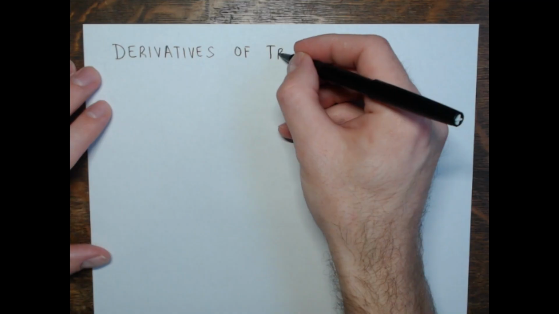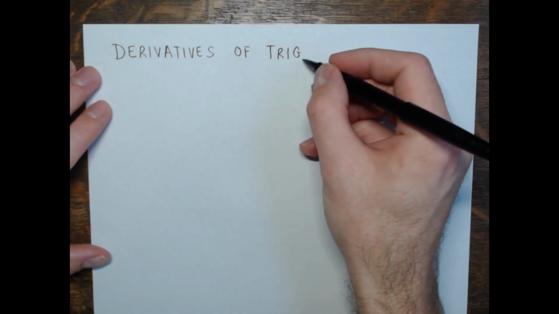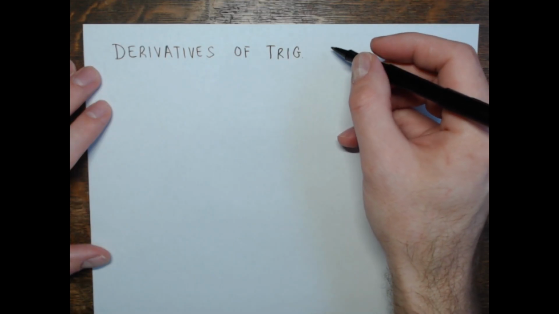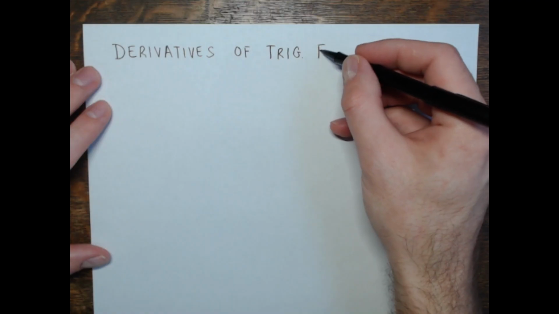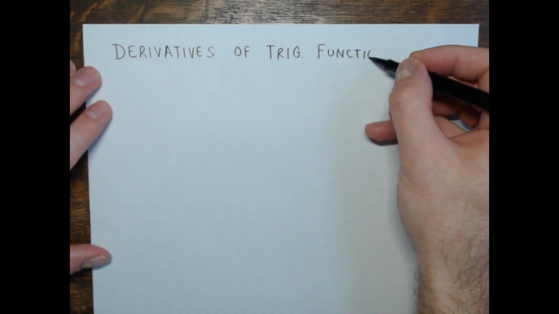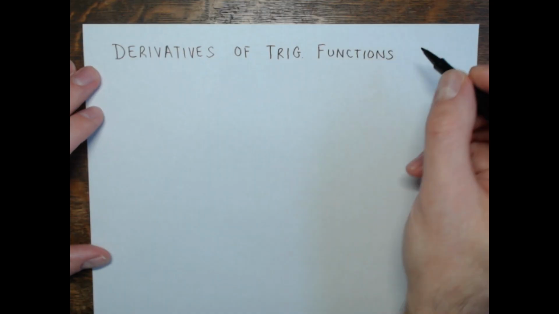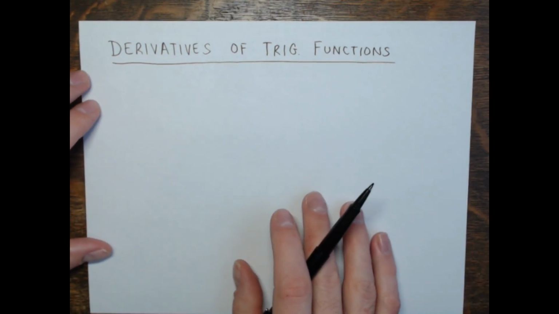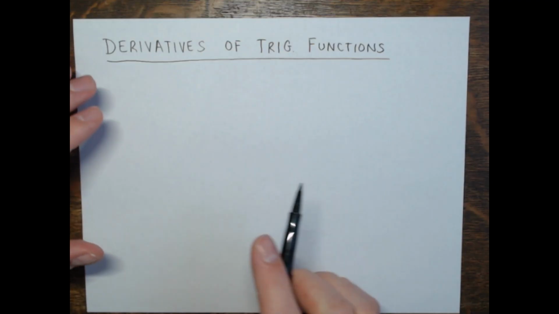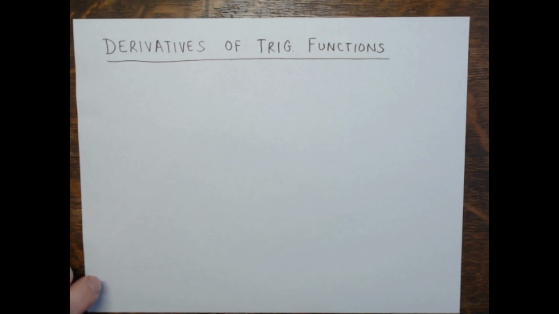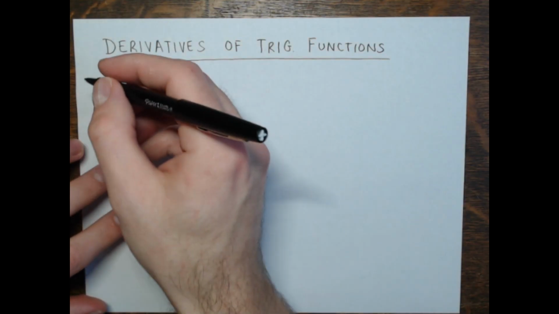Now I'm going to be writing trig here instead of trigonometric. Usually trig abbreviates trigonometric. So derivatives of the trig functions. I'll also remind you, going to Desmos so I don't have to waste too much time drawing them myself, what the graphs of these functions look like as well.